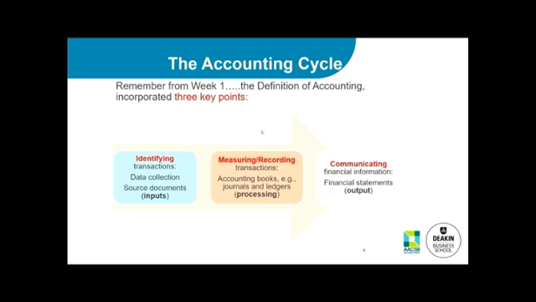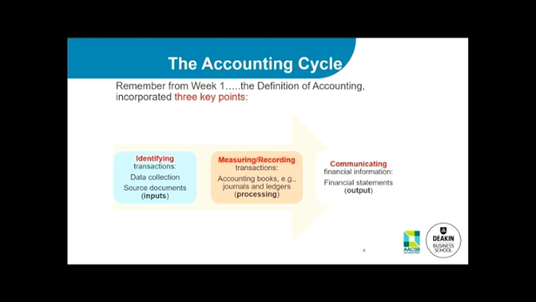Okay, let's now look at the accounting cycle. The accounting cycle focuses on 3 key points. One is the identification, which is the inputs, where we collect the data and look at the source documents.